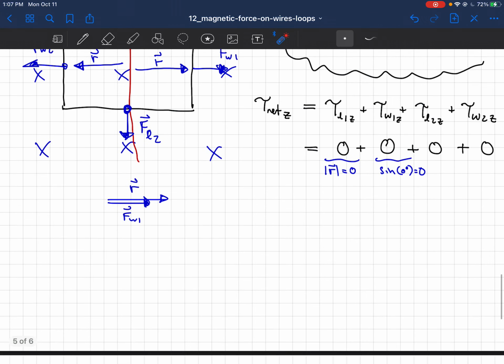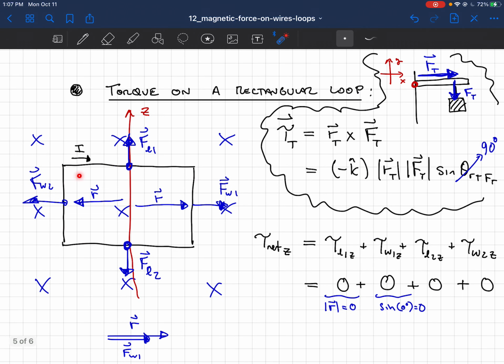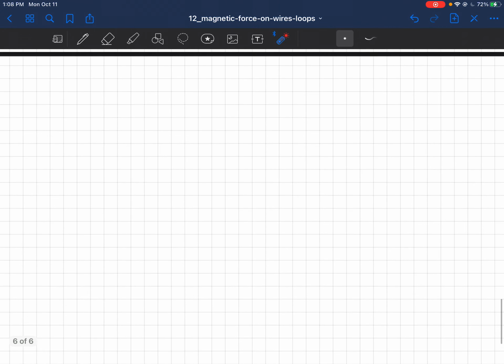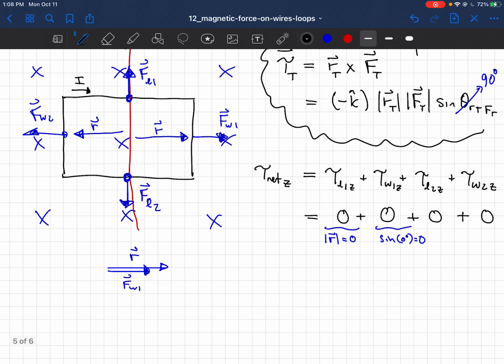But what if I take the loop and grab hold of the right-hand side and pull it out of the page a little bit, and see what the torque is in that case? What has changed? Now the angles are not always exactly perpendicular, so I need to look at it from a different direction.